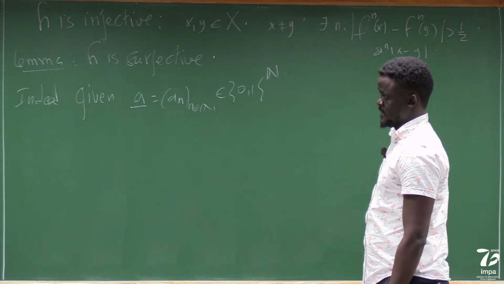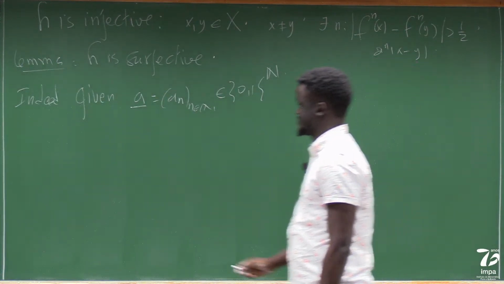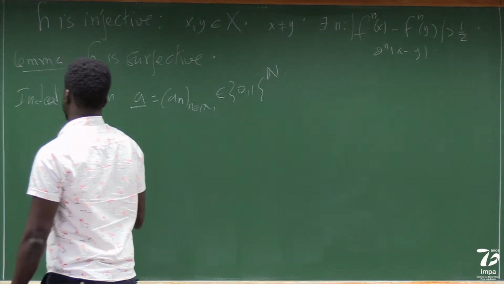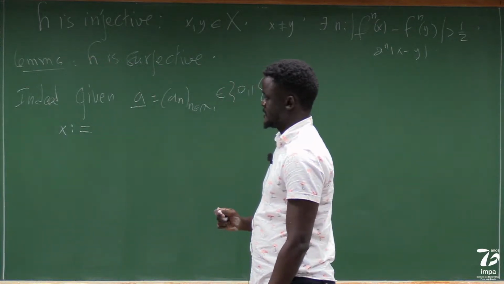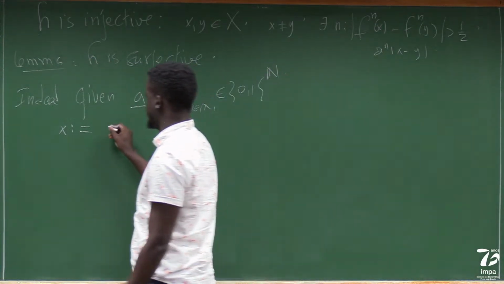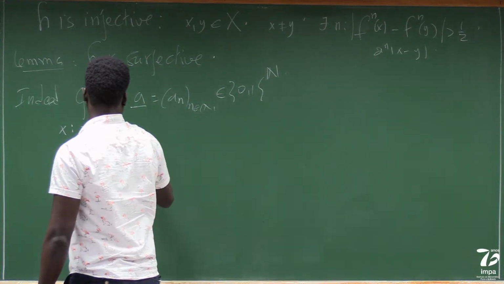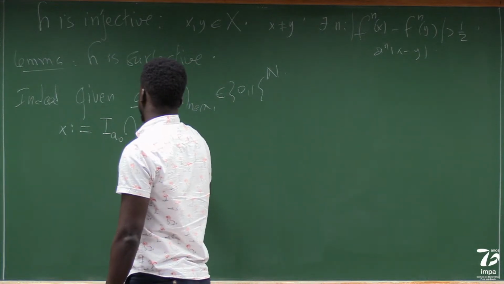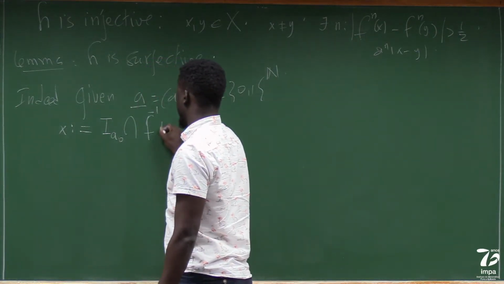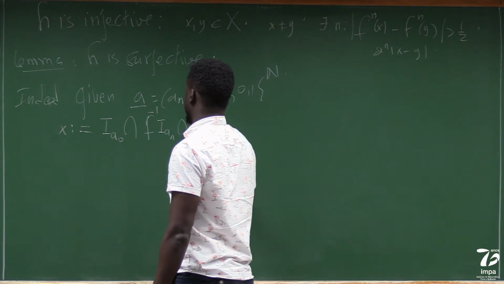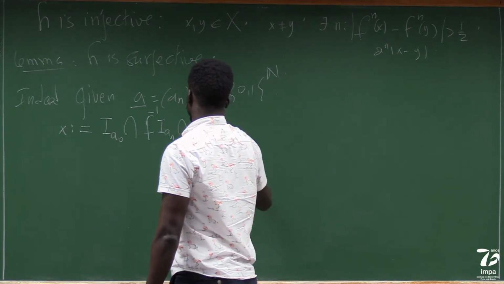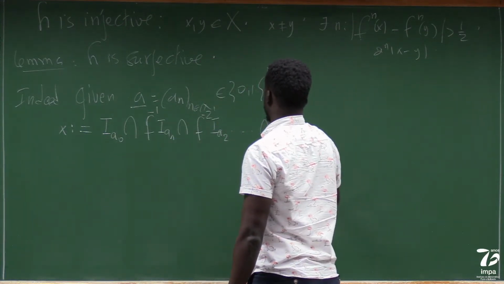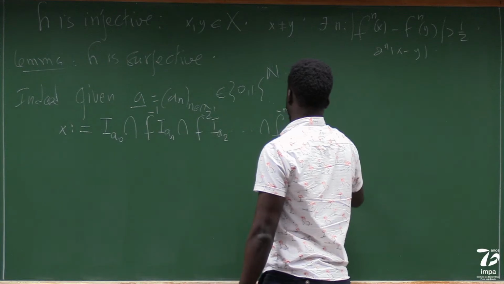You can define x to be this guy. X is: you take I(A0), intersect with F^-1 of I(A1), intersect F^-2 of I(A2), and so on, intersect F^-n of I(An).